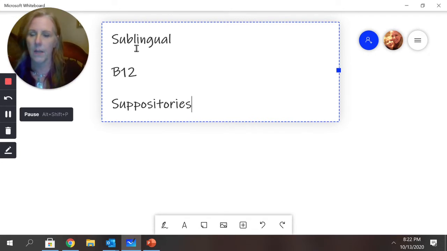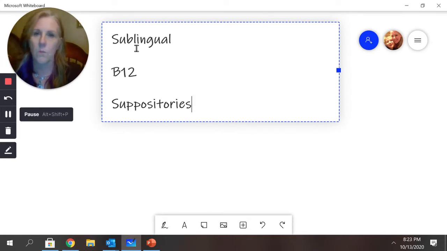Suppositories. You may or may not have heard of suppositories. They're usually medicine of some sort that gets inserted up the anus. And remember I said that cavities that open to the exterior are lined in mucous membrane. So that works, there's a mucous membrane there.